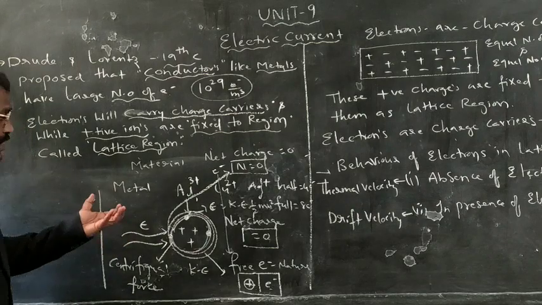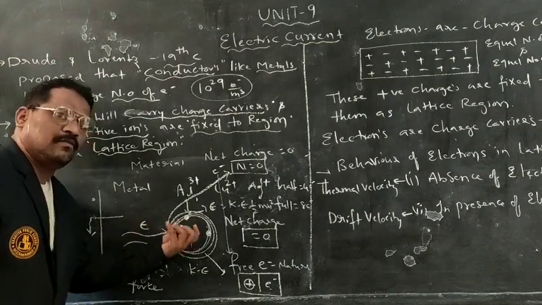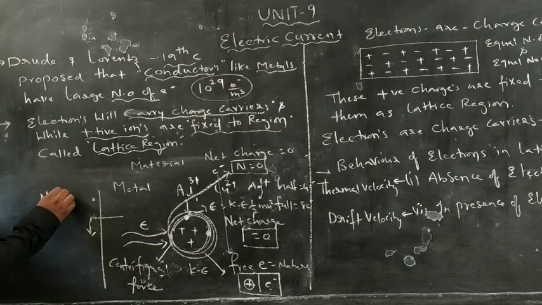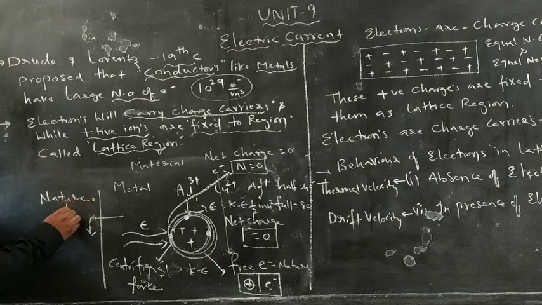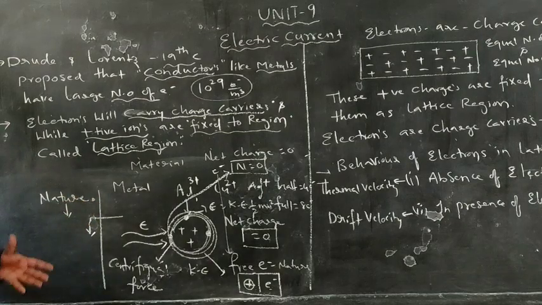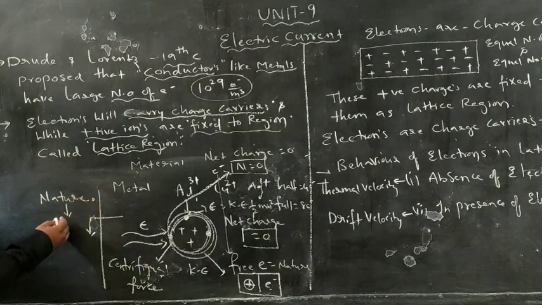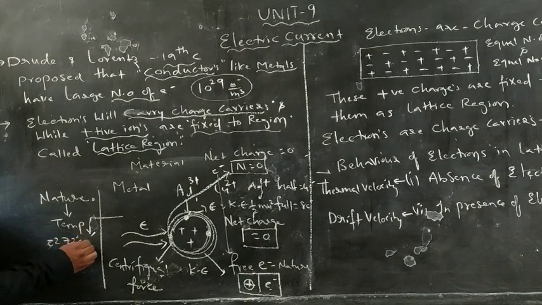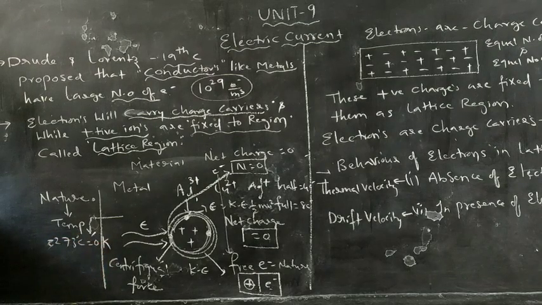And one more question will come to our mind. What is that? From where is this atom gaining this energy? This energy is gained by an atom from nature itself. If you take temperature, nature is also at some temperature. Minus 273 degrees centigrade is equal to 0 Kelvin.